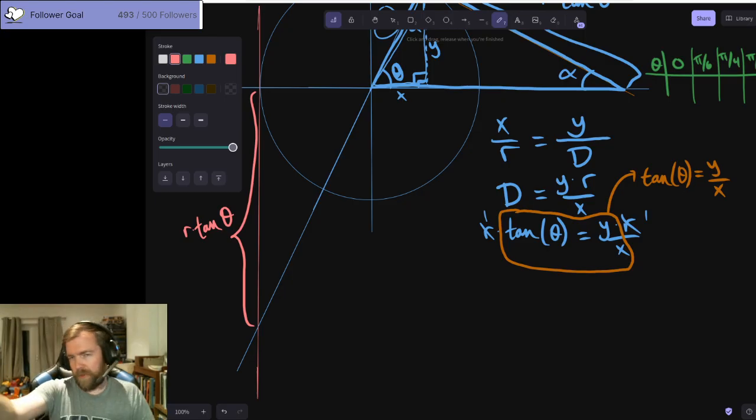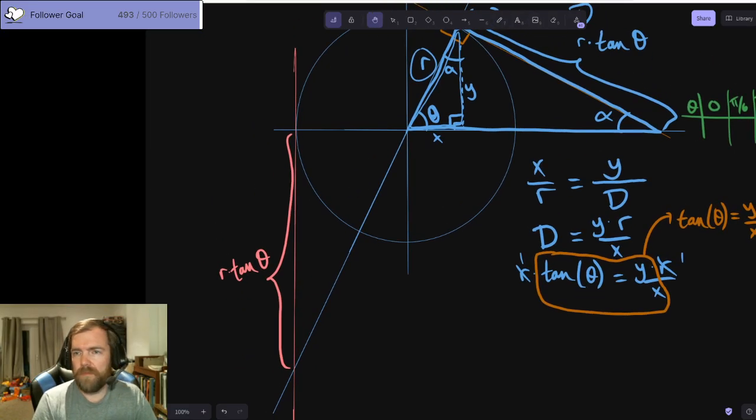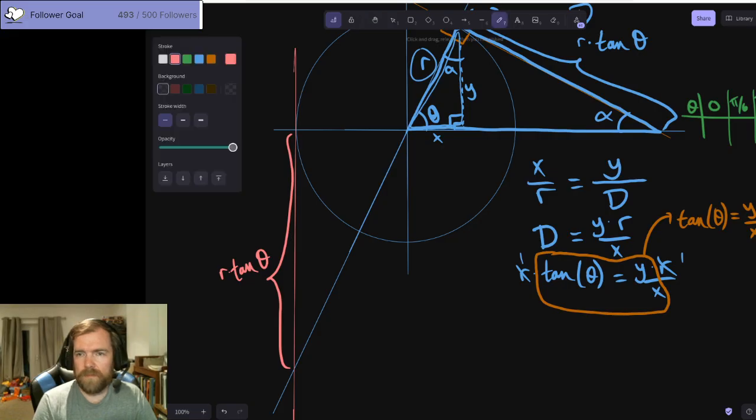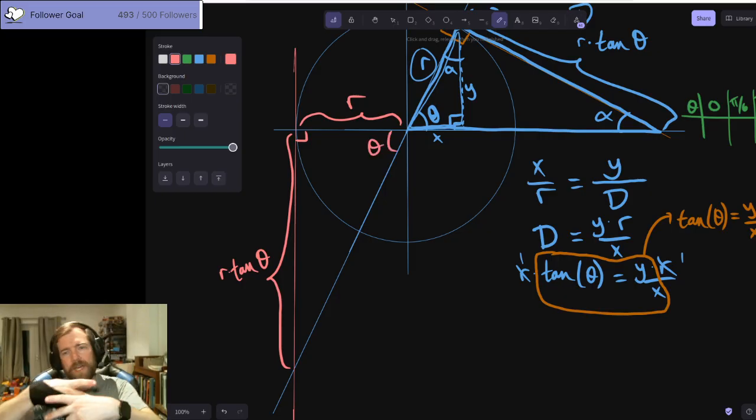Now, it probably doesn't look like that because this is off by quite a bit, but the distance here is also r, and this is also a right triangle because your radii and your tangents have to be at right angles to each other. And this is also theta because that's a vertical angle from the other side.